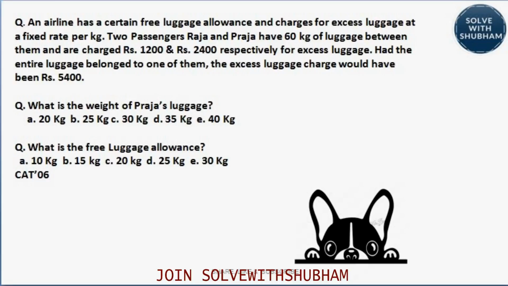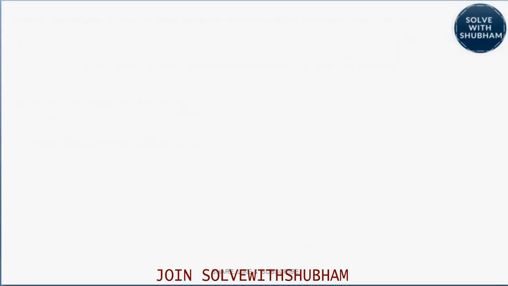Now, when you look at the question, it seems like we have been given enough data. So the important thing is to capture the data properly so that we can solve the equation. So we are talking about luggage. There are two people, Raja and Praja.